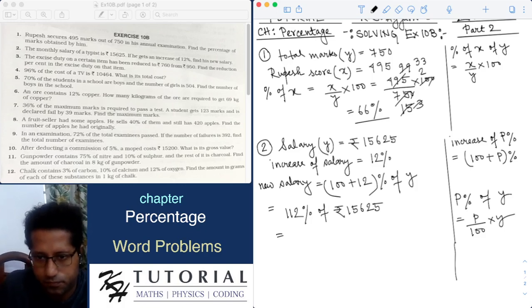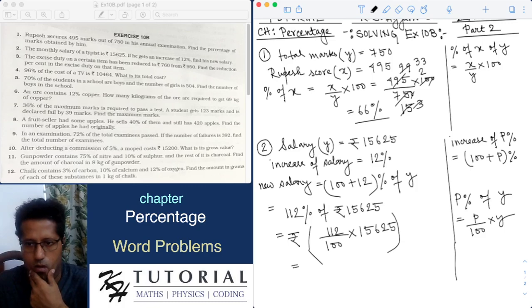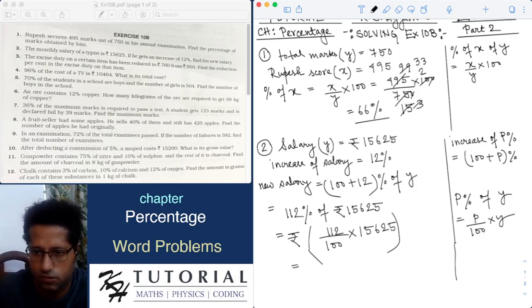So this is rupees 112 divided by 100 multiplied by 15625, and the unit will be in rupees. So we write the unit in the front. Now 112 by 100 into 15625.